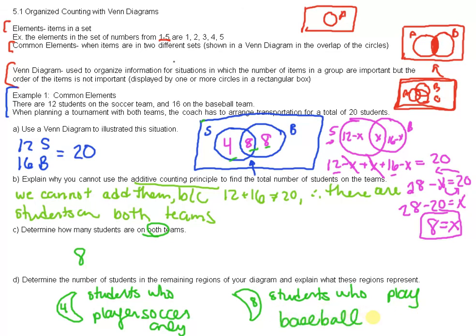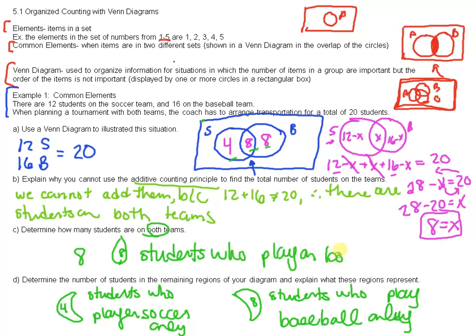Because we already talked about these 8 students which are in the middle. These are students who play on both teams.